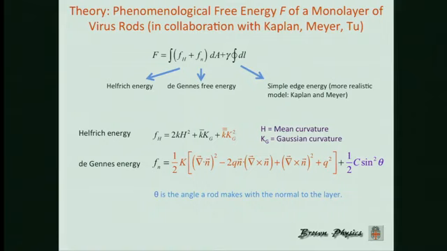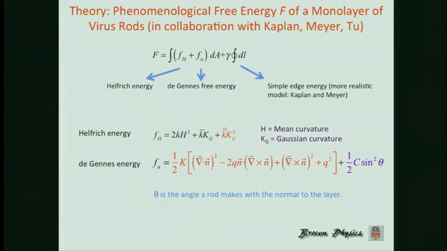So basically, what we do here in large part is just assemble well-known bits of liquid crystal and membrane physics, using the Helfrich energy to describe these two-dimensional structures and the de Gennes Landau type free energy to describe the director orientation of the rods.